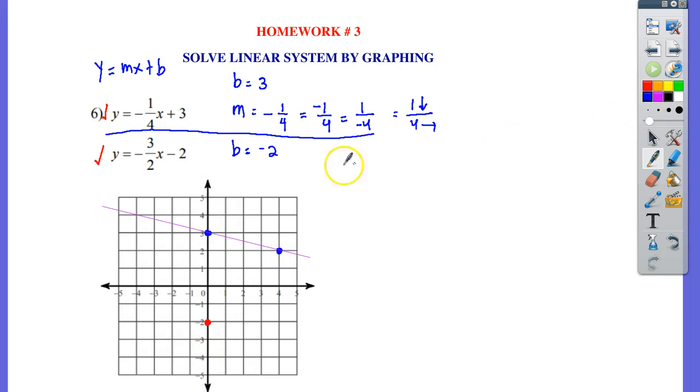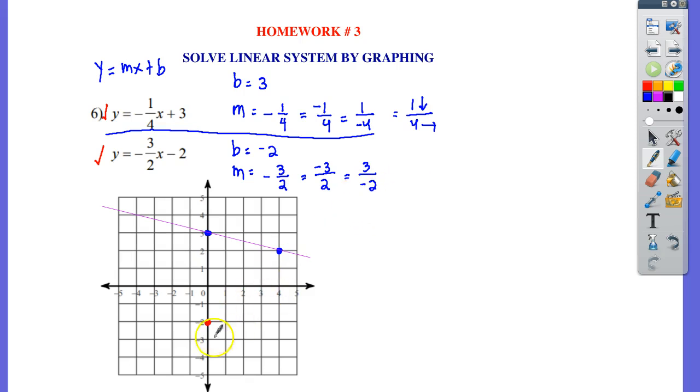And then I'm going to move to my next point by looking at the number in front of x, the slope. Oh, this one again, you have a negative right in front of your fraction. So when you have one negative, you can put that on the top, your numerator, or you can put that negative in your denominator. It doesn't really matter.